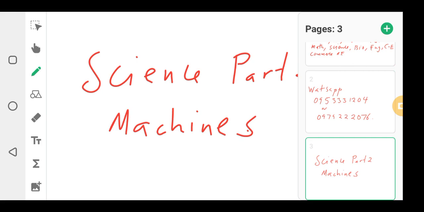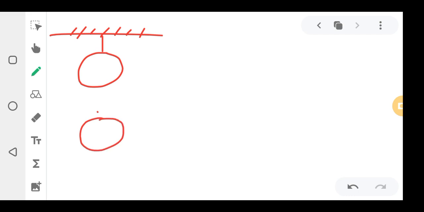Now in the exam, sometimes a question can come where they give you a diagram, like for example they draw it for you like this. They put a pulley there and another pulley here, and then inside they may bring one.